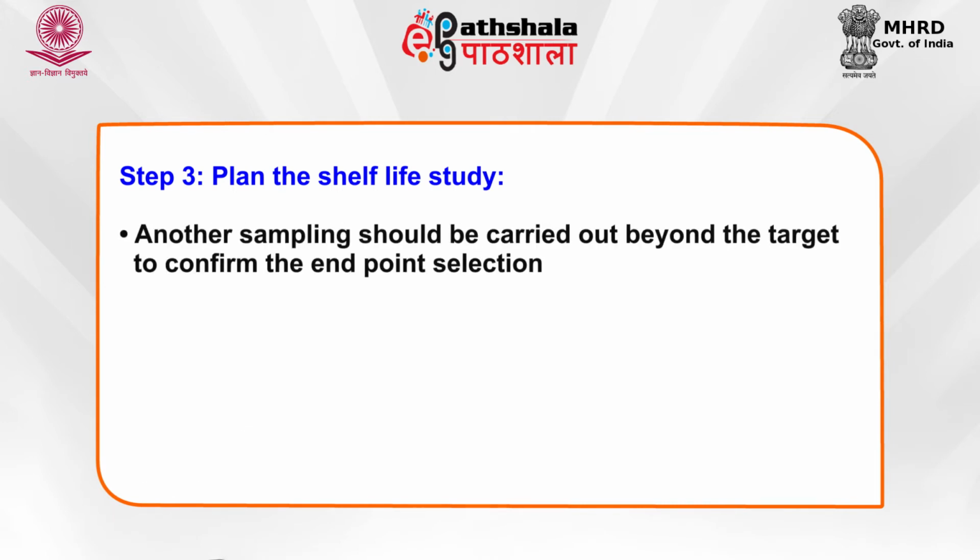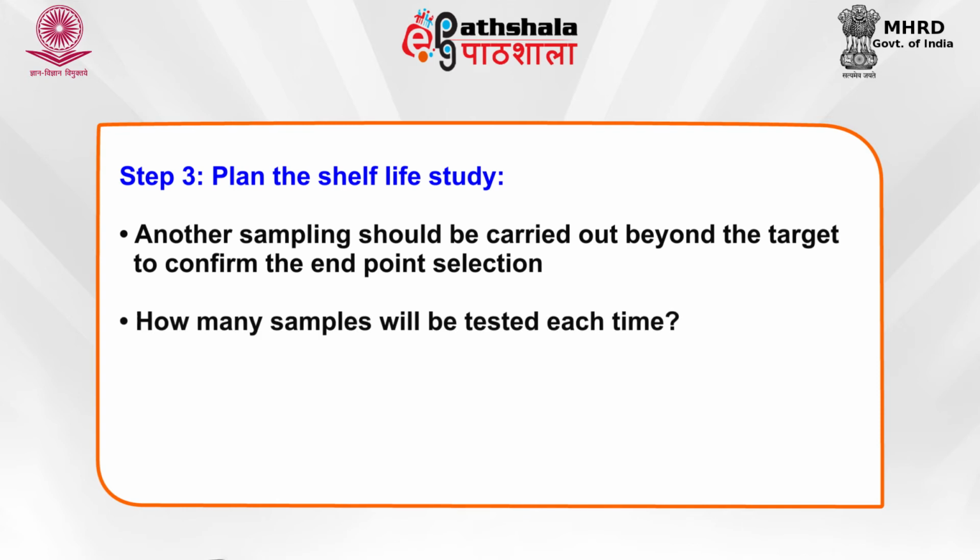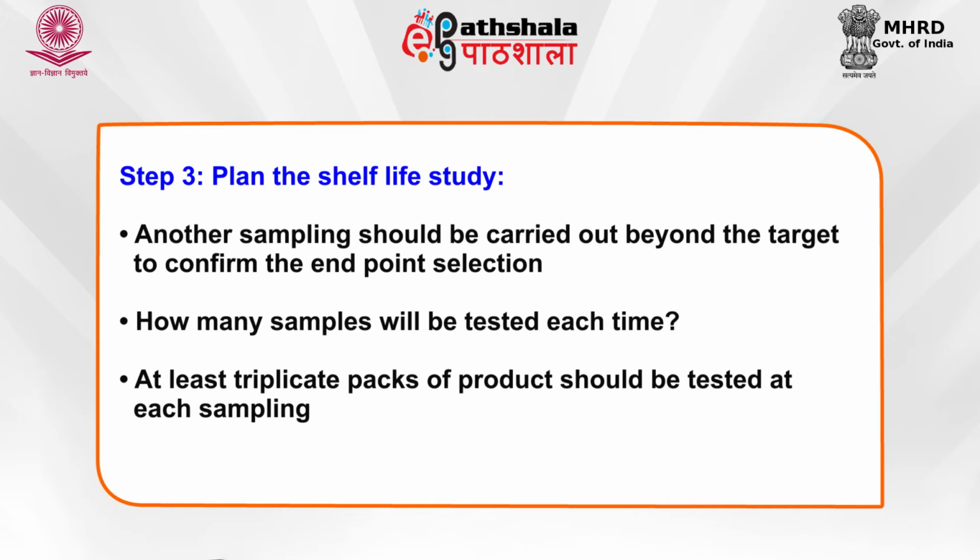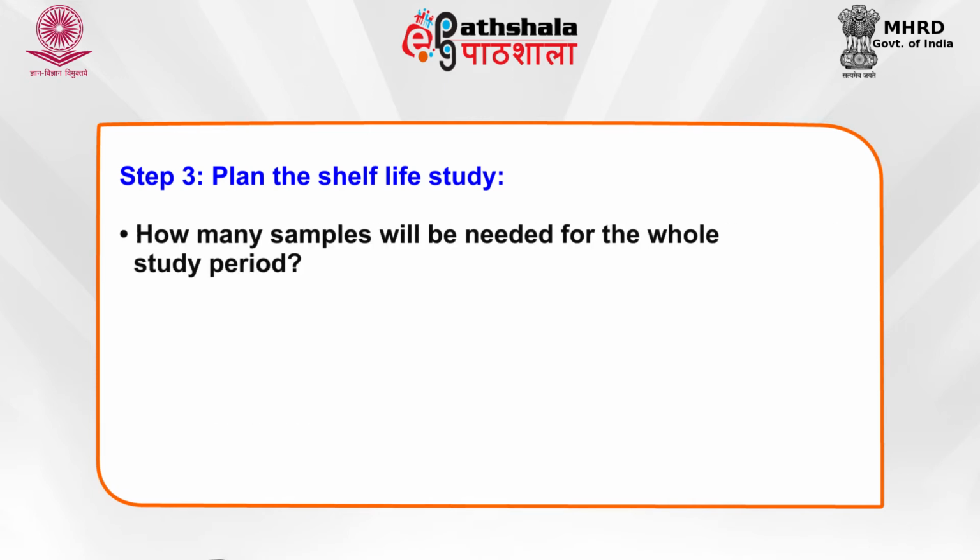Another sampling should be carried out beyond the target to confirm the endpoint selection. How many samples will be tested each time? At least triplicate packs of product should be tested at each sampling. Next one is how many samples will be needed for the whole study period? And then when will the study be run?